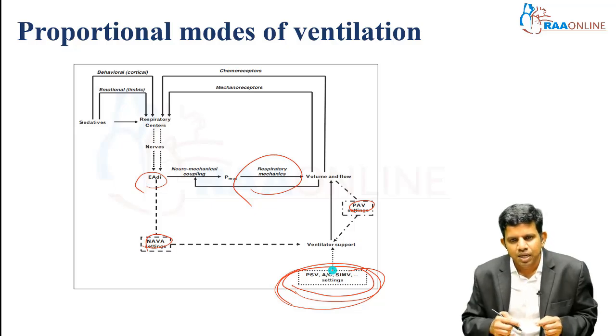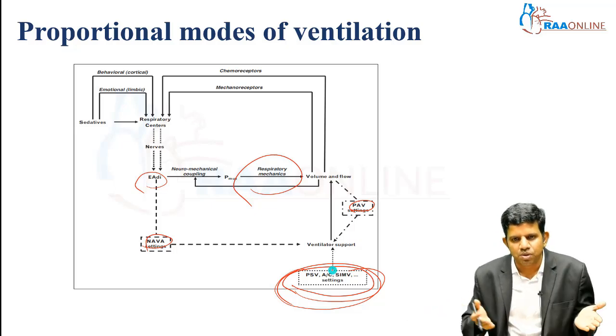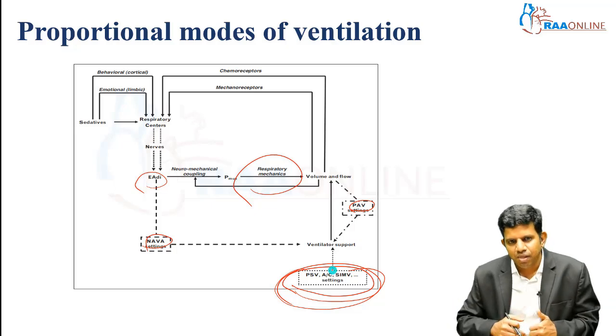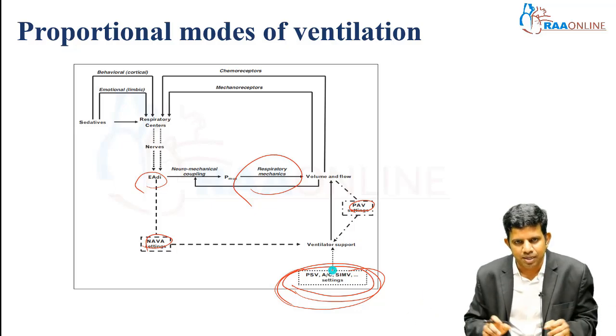So, we cannot keep on watching the patient's monitoring and adjusting the ventilator settings in conventional modes. NAVA and proportional assist ventilation adjust the ventilatory support by themselves based on my patient's lung mechanics and diaphragmatic contractions. These are the advantages of our proportional modes of ventilation.